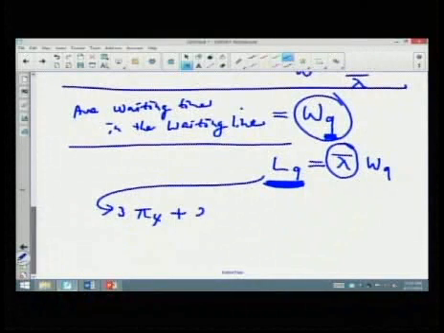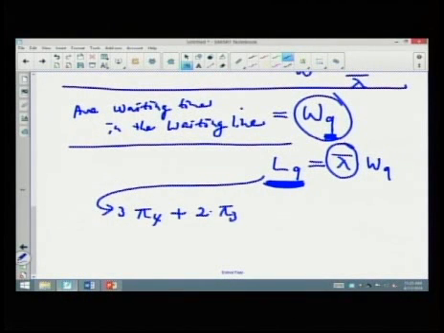So it's going to be 2 times pi 3. If there are 2 cars, then 1 car is being served. The other car is in the waiting line. If there is only 1 car, then there is no cars in the waiting line.